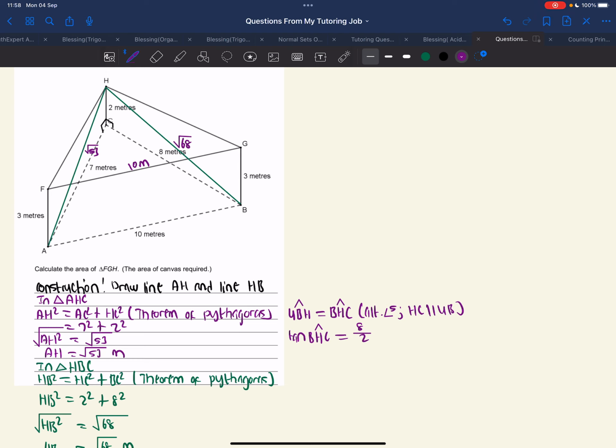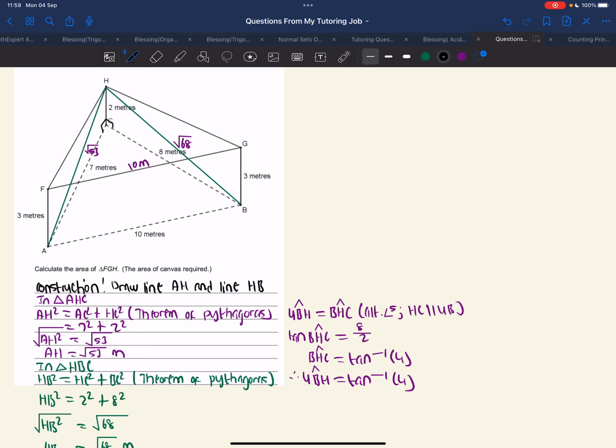So angle BHC is shift tan of 4. Therefore angle GBH is shift tan of 4.